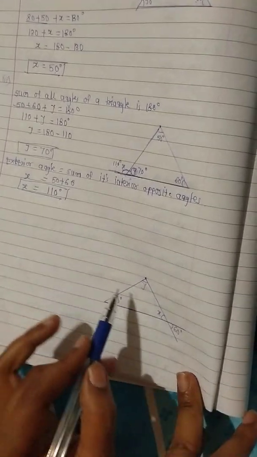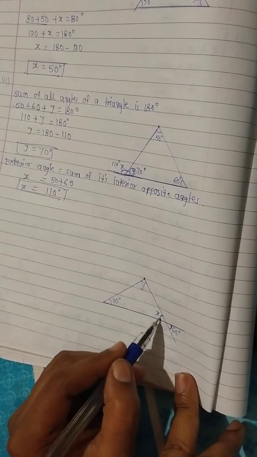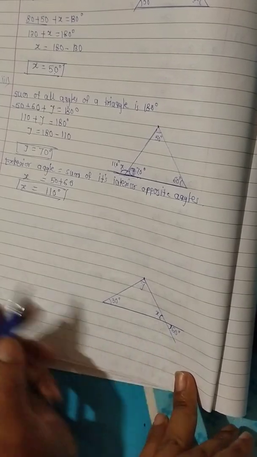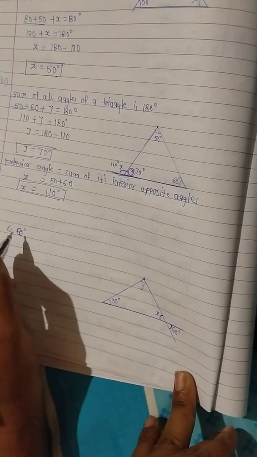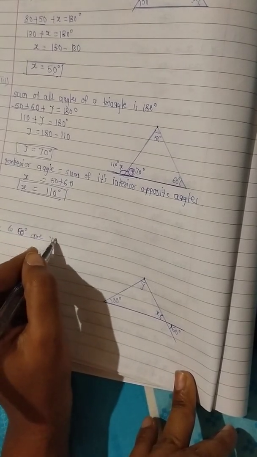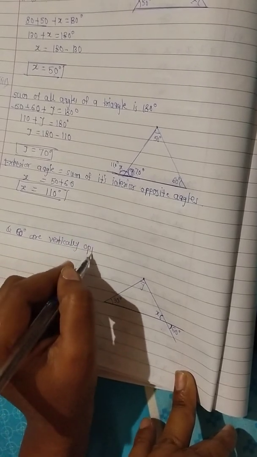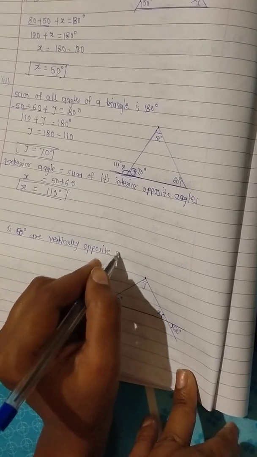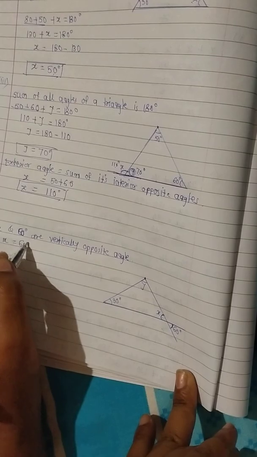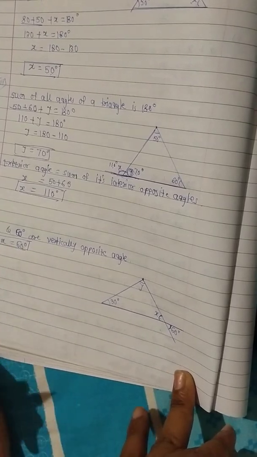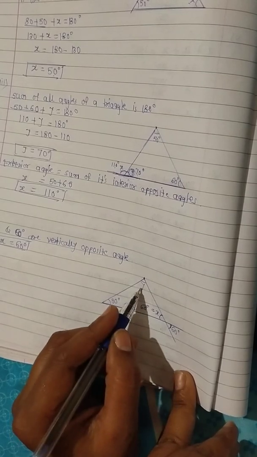Next one now, find the value of x and y. Here x and 60 are vertically opposite angles. Therefore x is equal to 60 degrees because vertically opposite angles are equal in measure. Now you can find the value of y.